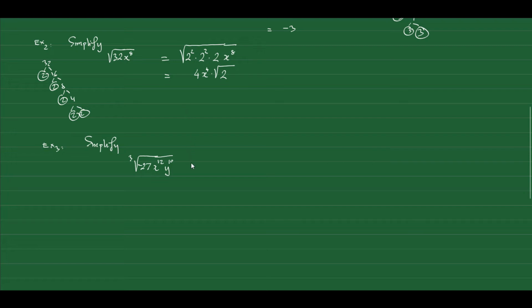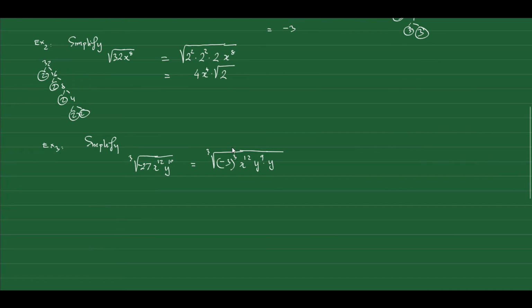27, I can write using a prime factor tree. We know that 27 is 3 times 3 times 3, so basically negative 27 is negative 3 raised to the 3rd power, right? And 3 goes into 12 already, so that's good. We don't need to change anything, but 3 is not going into 10, so I'm going to change y to the 10 to y to the 9 times y, because 3 goes into 9.